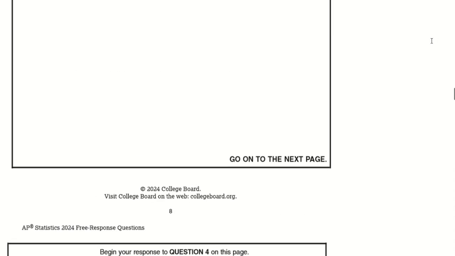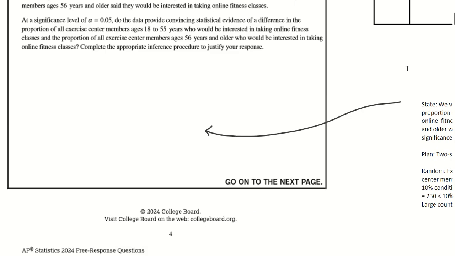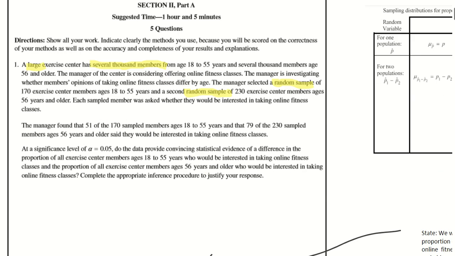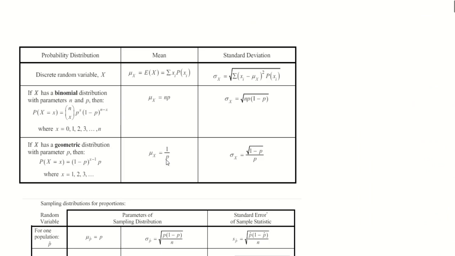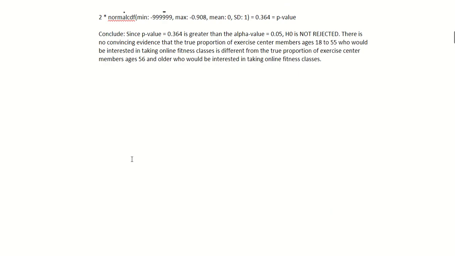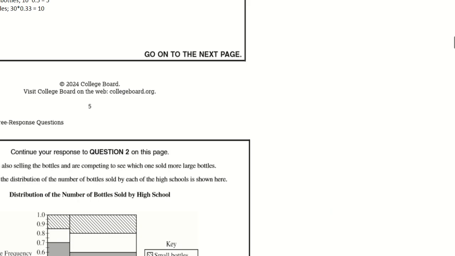If you look back at the formulas that College Board has provided us, for a geometric distribution, mu is 1 over p, and standard deviation is the square root of 1 minus p over p. So we can simply plug in our given values.